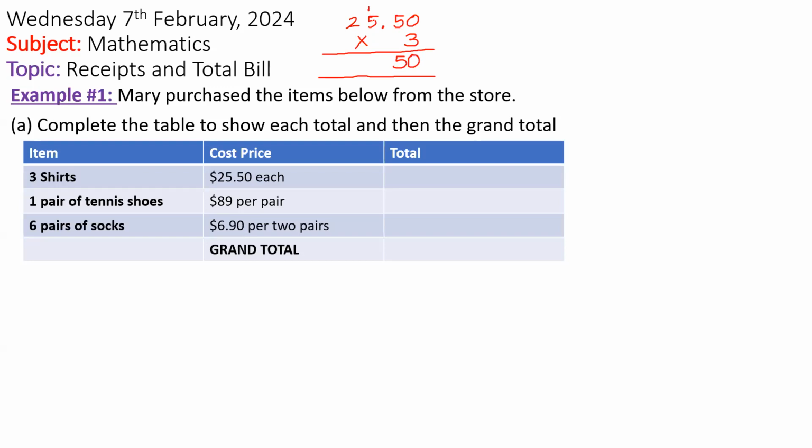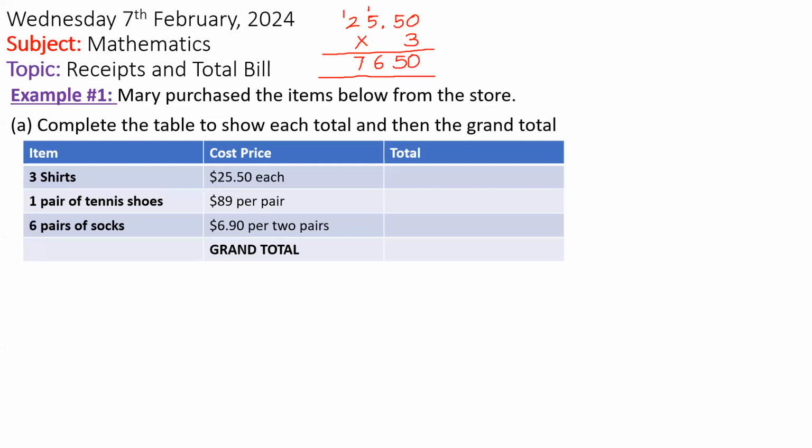Add the 1, that's 16. So we put the 6 down and the 1 above. Now 3 times 2 is what? 6, add the 1, it's 7. Very good.